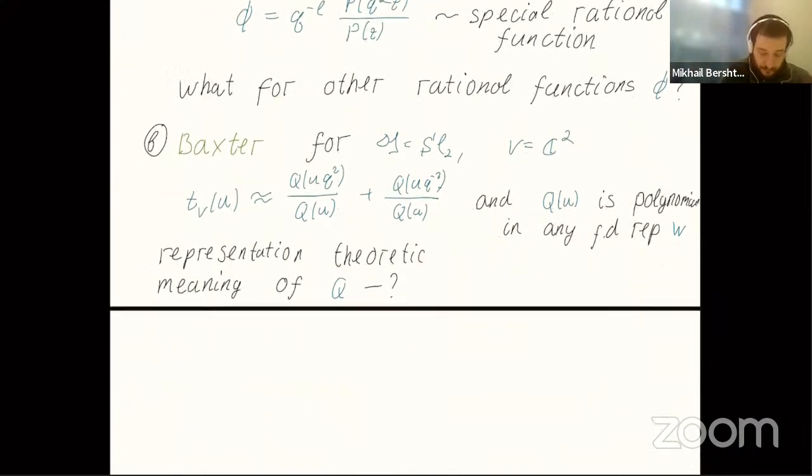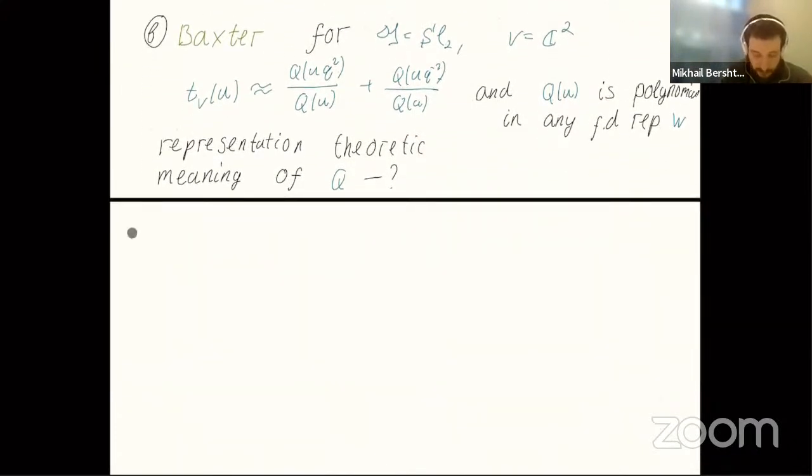Okay. Let me consider and show you an example. Assume that we want this function phi of z to be, for example, 1 minus a z inverse.